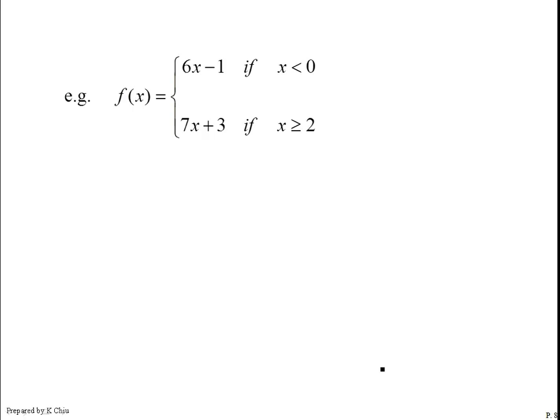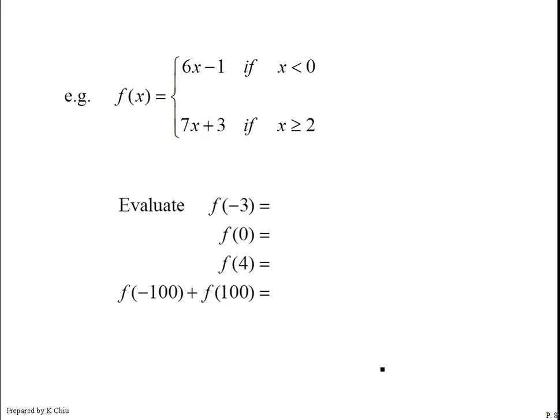I have another piecewise defined function. F of x is equal to 6x minus 1 if x is less than 0, and 7x plus 3 if x is greater than or equal to 2. Let's try to evaluate this.